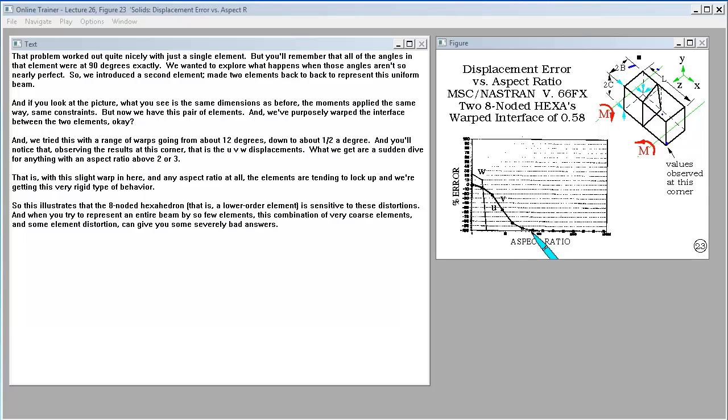So this illustrates that the 8-noded hexahedron, that is a lower order element, is sensitive to these distortions. And when you try to represent an entire beam by so few elements, this combination of very coarse elements and some element distortion can give you some severely bad answers.